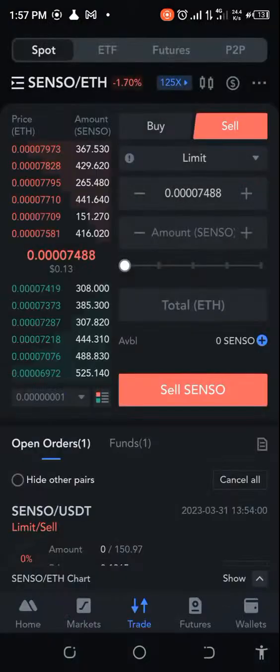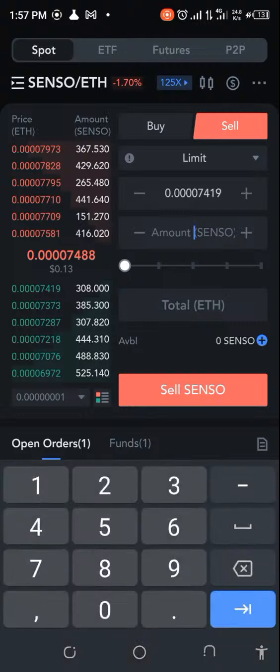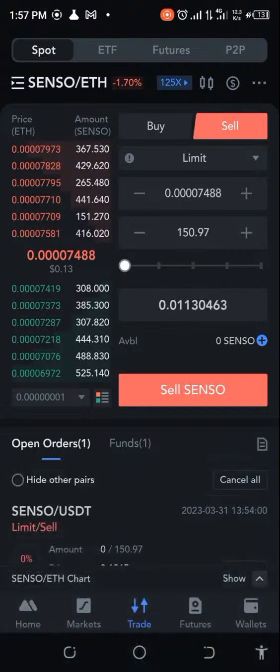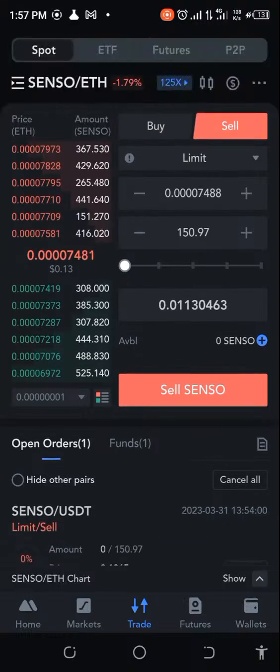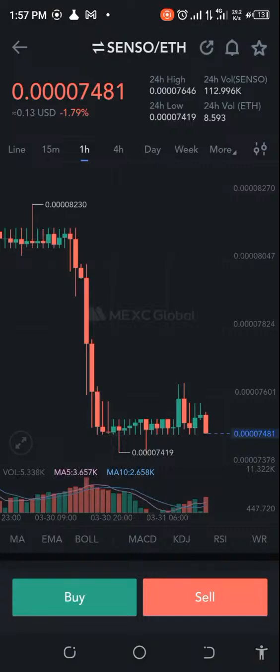So what I have here is if I pick, I'm trying to sell, but if I pick this 7419 and I put 150.97, no. I don't think I want to do that because if I tapped here, it's going to give me this. But even with that, I can see that it's actually going low. So because of that, I don't think it's a risk I want to take.